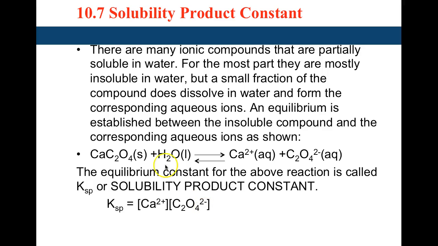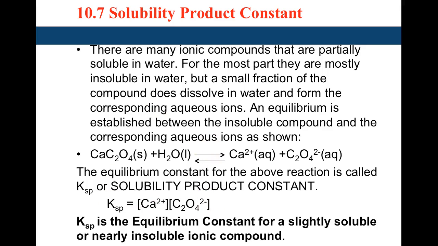Remember, solids and liquids are not included in the K expression, but aqueous solutions are subject to changes in concentration, much like gases. So Ksp is the equilibrium constant for a slightly soluble or nearly insoluble ionic compound.